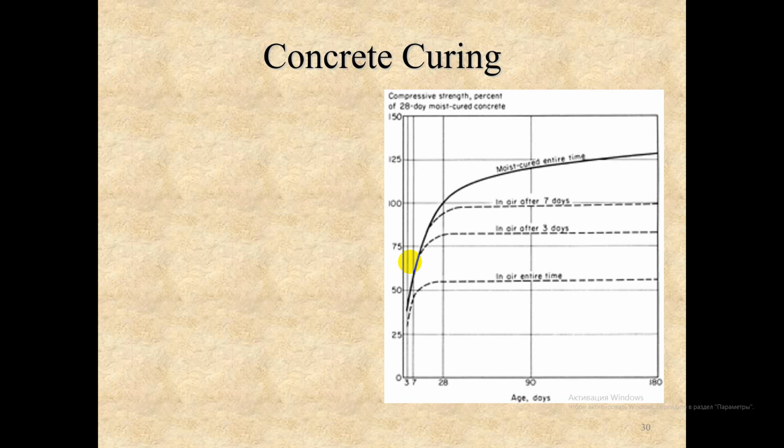Of course, the relationship between concrete strength and age depends on the type of cement used. This is a rapid hardening Portland cement, compared with other materials.